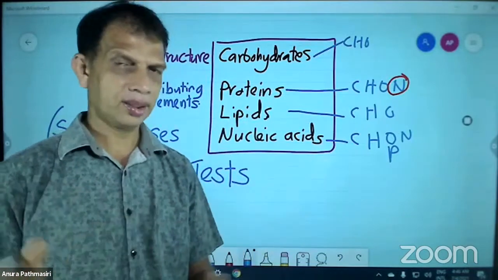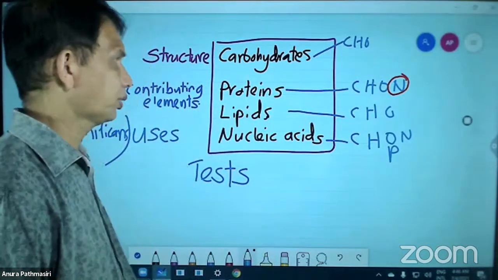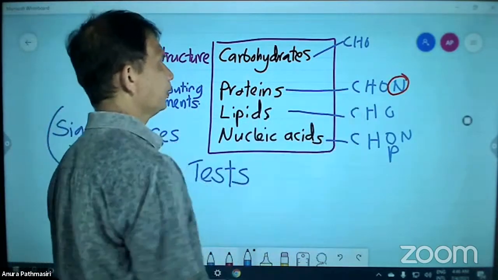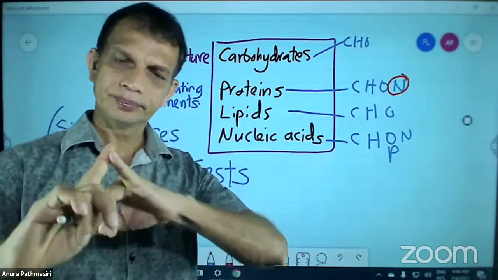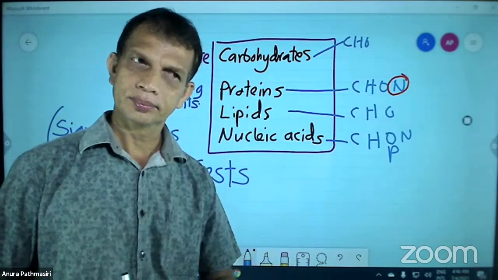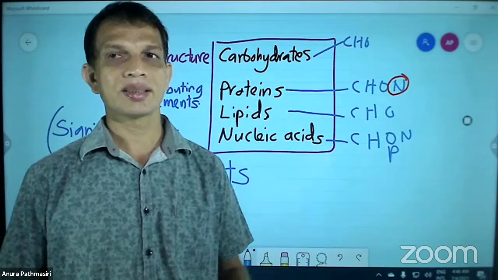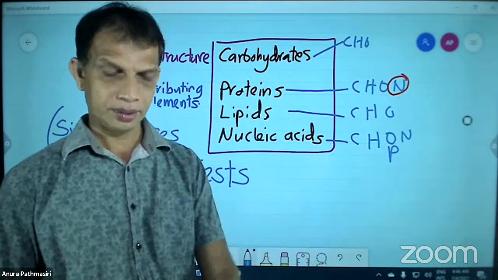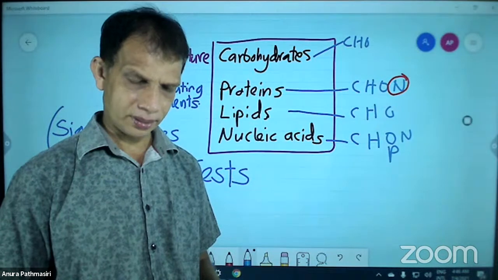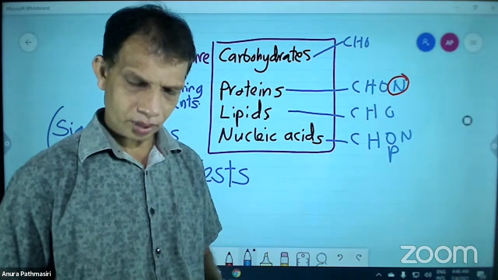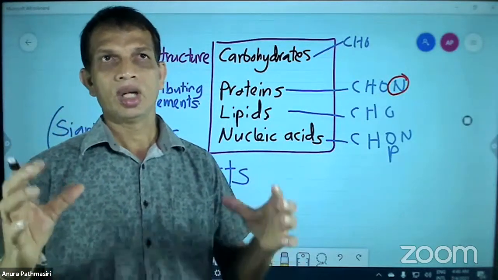Let's keep writing, and then you will have the answers for this. I'm just giving you a quick reminder of what we have to study. If it is a protein test, what do you have to use? The Biuret test, a combination of sodium hydroxide and copper sulfate.